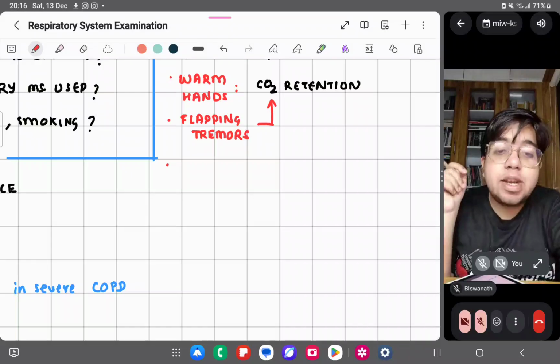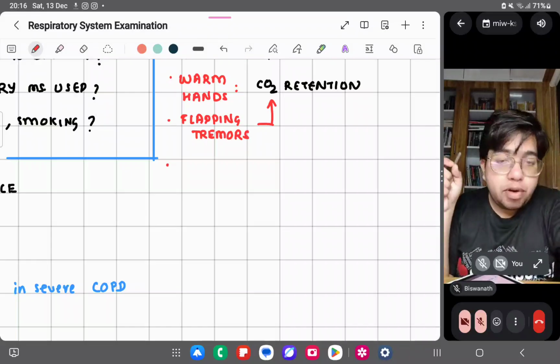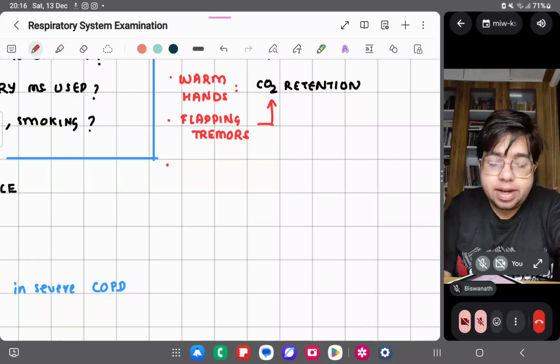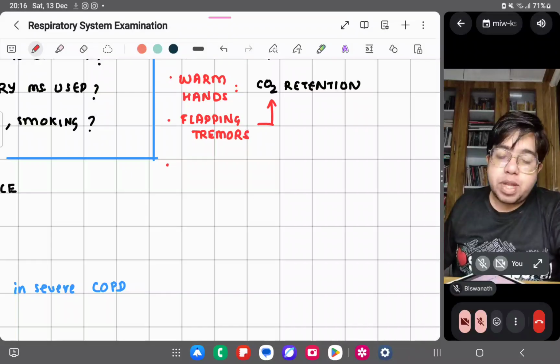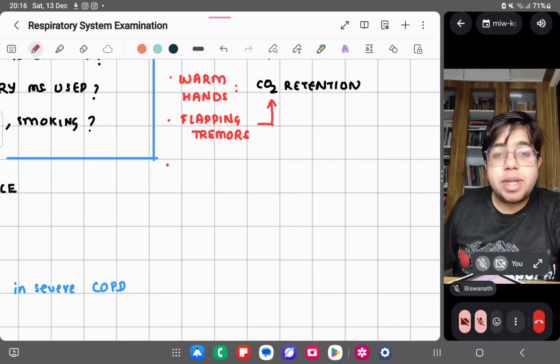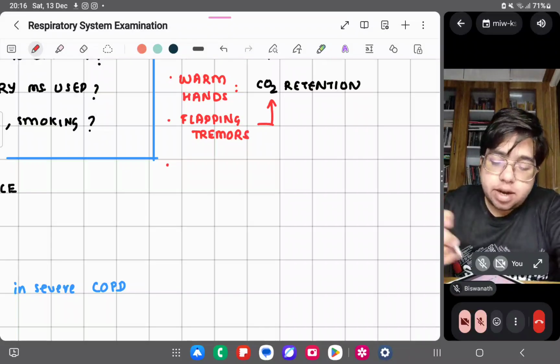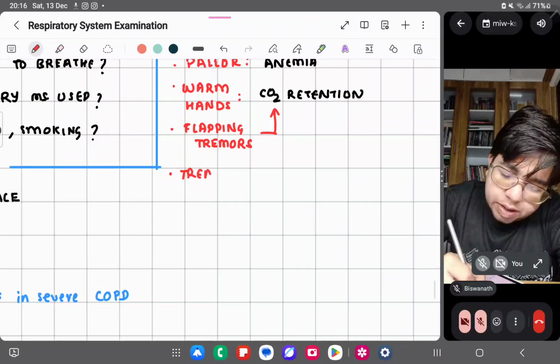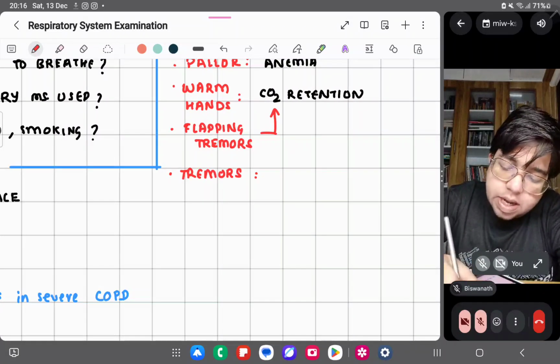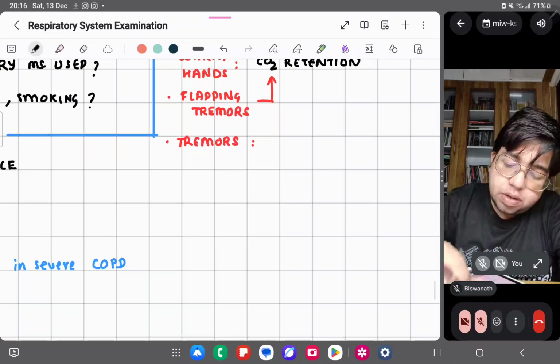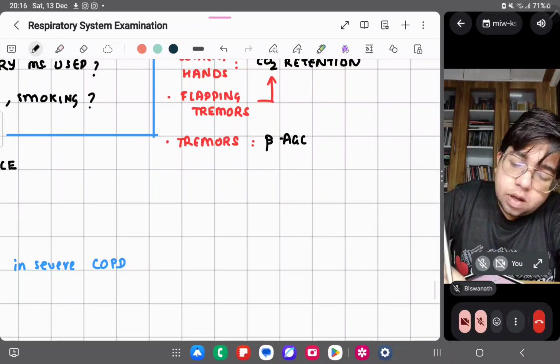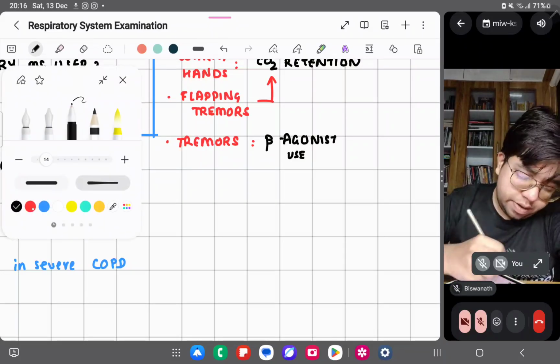If you miss the drug history, you can diagnose a variety of conditions, but if you haven't missed it, then you know that it is due to the cough syrup, right? You have prescribed Ascoril LS or something, and then the tremors are occurring. So normal tremors, not flapping ones, may be due to beta agonist use.